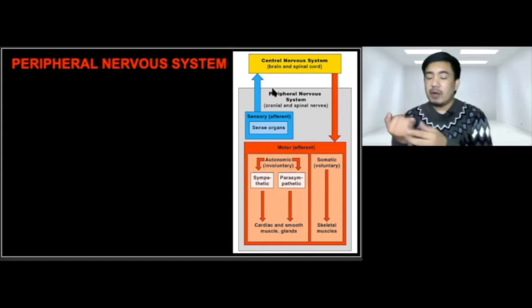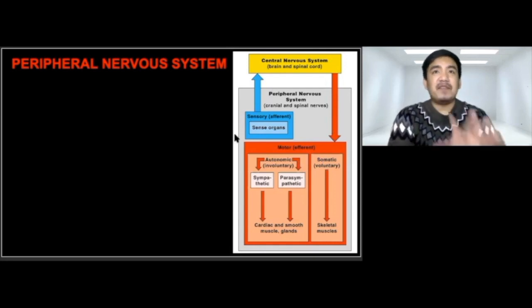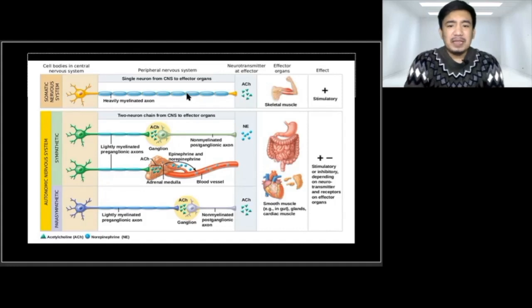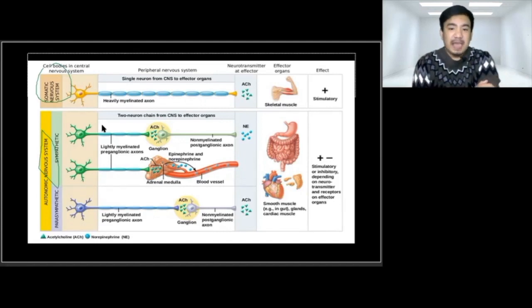But if you are now governing skeletal muscles, you are under the somatic nervous system because you are voluntary. So what is the difference between the autonomic nervous system and the somatic nervous system? The main difference is that our somatic nervous system is a one neuron system, while our autonomic, on the other hand, is a two neuron system.